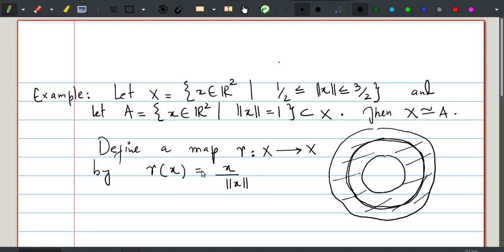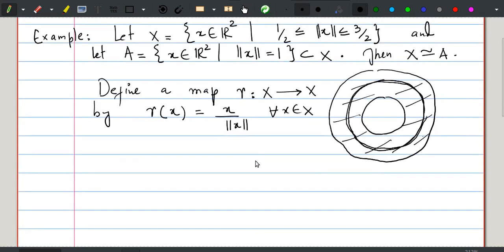Obviously this is a well defined map because x cannot be equal to 0 since x belongs to X, and this capital X is this annular region and it does not contain 0. Now clearly this R of x is again a point of X. If we take its norm, that becomes 1.